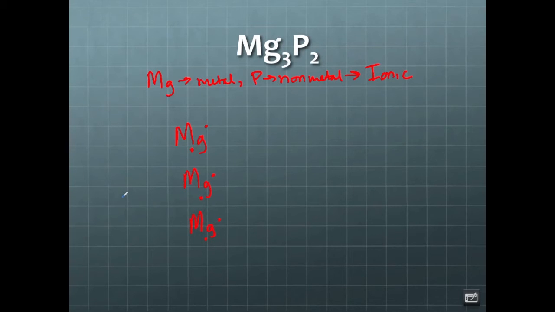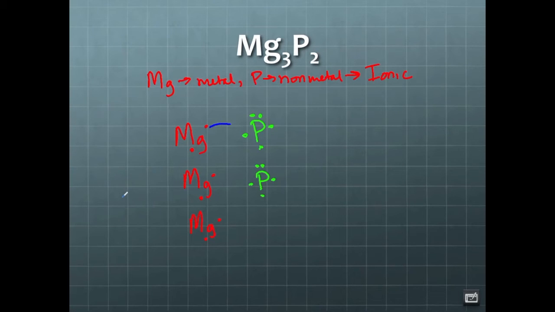So now we've got our phosphorus, and phosphorus is in group 15, so it's going to have 5 valence electrons. Now, this is ionic, so we're going to transfer electrons so that one has none and one has 8.